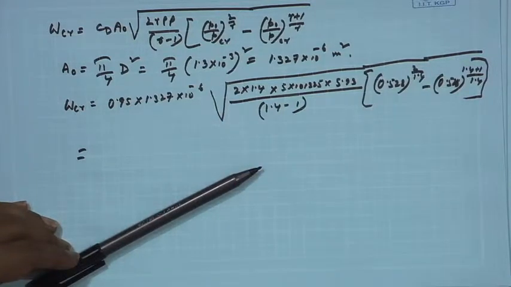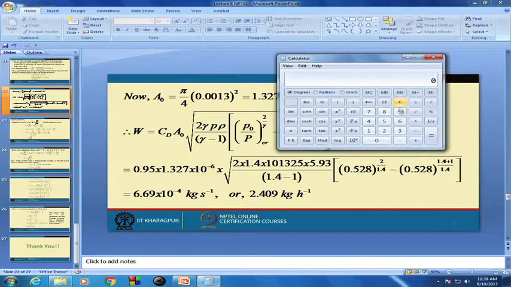So, if we look at the value, let us start from the other end. 0.528 to the power 2 by gamma, that is 1.4, right.